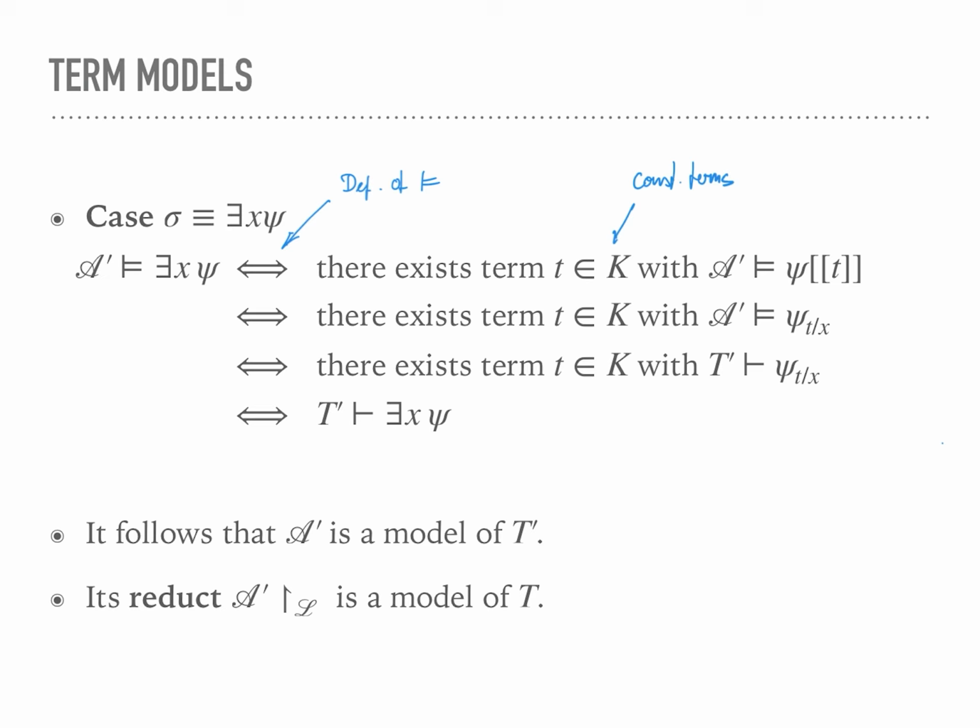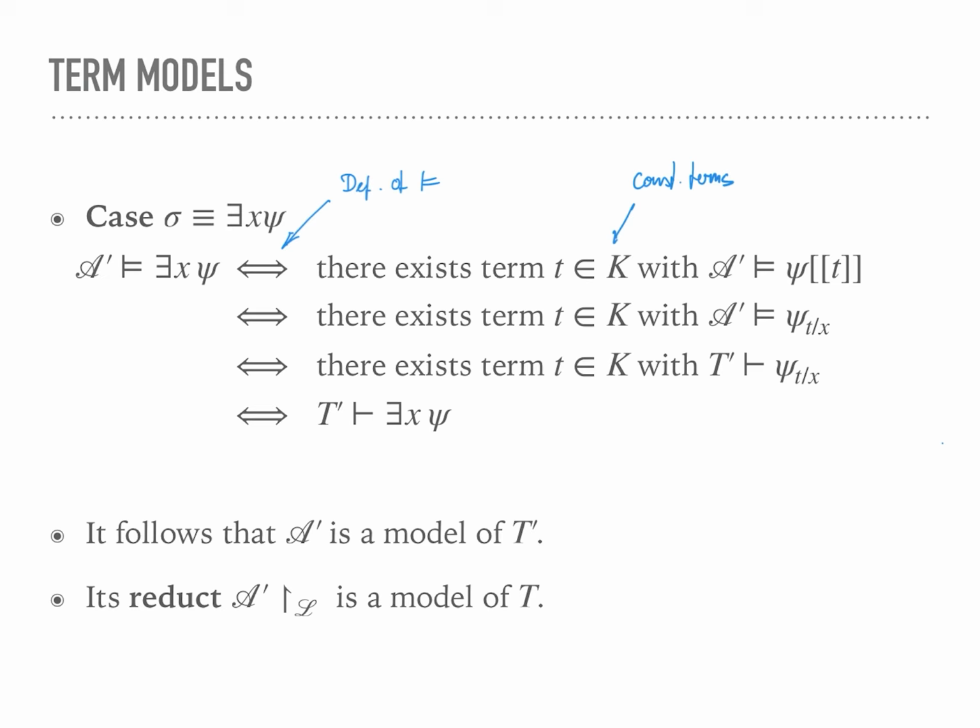But now this here is equivalent to just taking the term t and substituting this term t for x. This gives us a sentence, because t is a constant term, so it eliminates the free variable x, and this sentence we then can evaluate inside A prime.